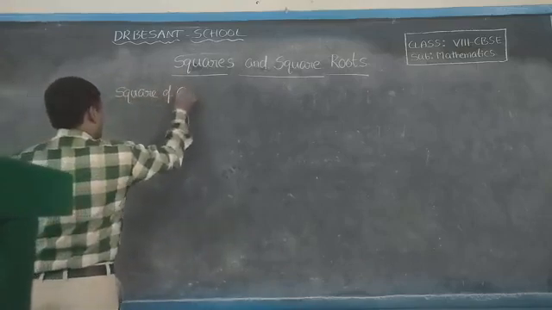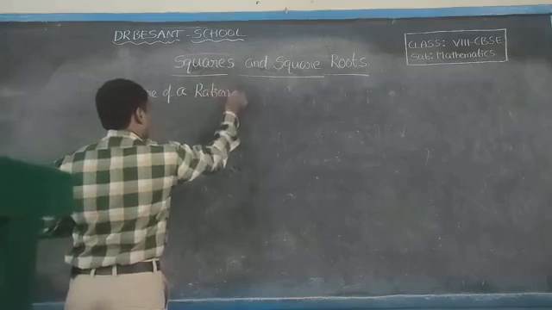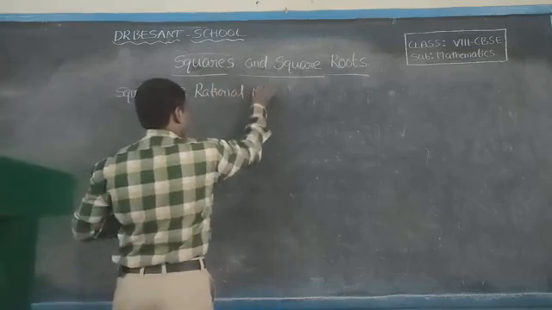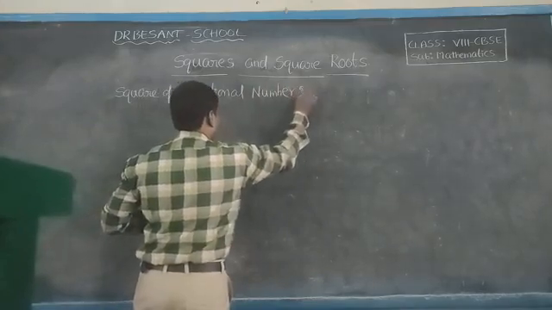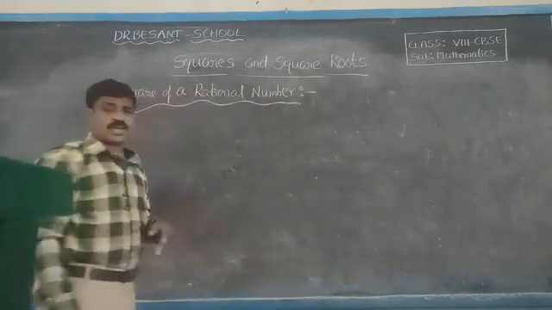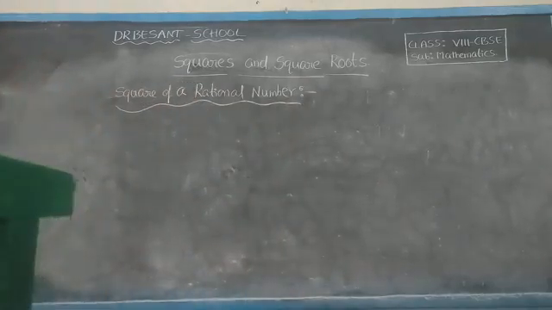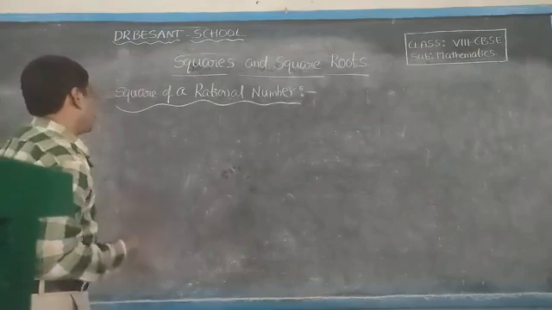See, the square of a rational number is obtained by individually squaring the numerator and denominator.